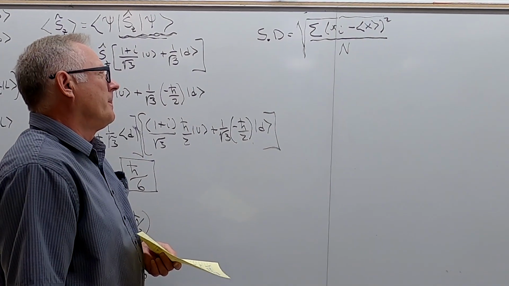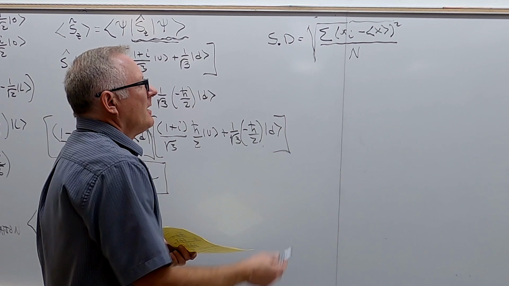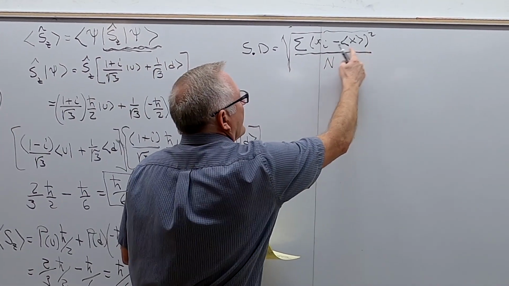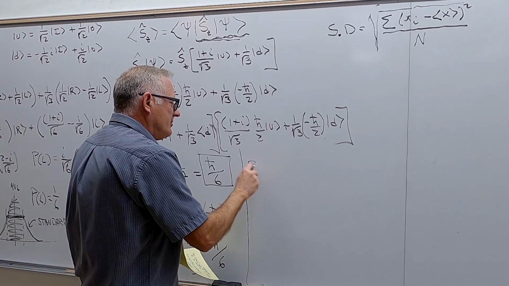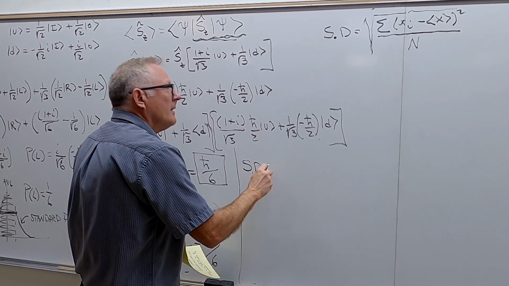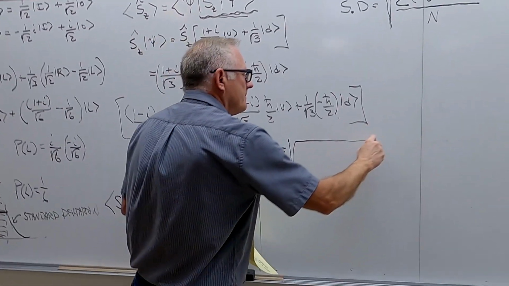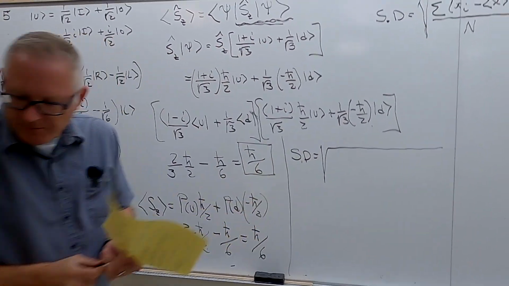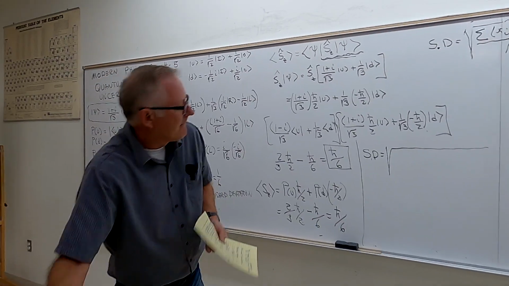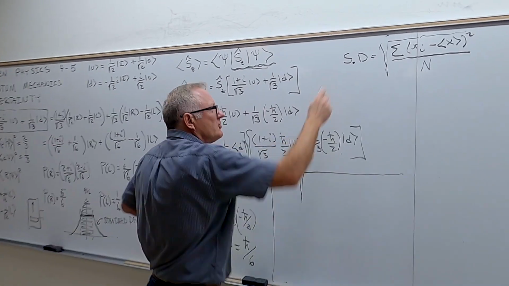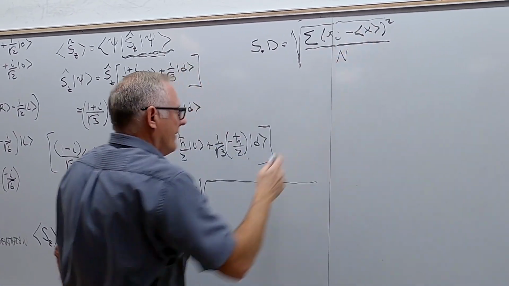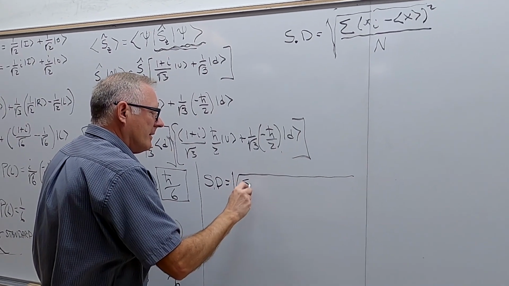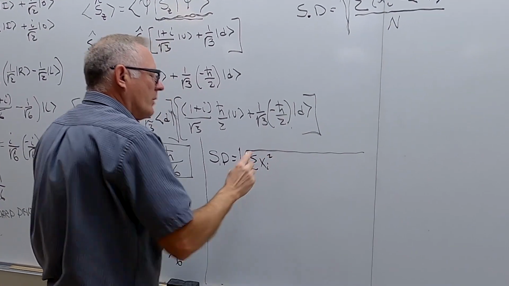Well, what if I just square this thing out? So the standard deviation is the square root of, if I square this thing out, the first term is x sub i squared, so you've got the sum of x sub i squared.